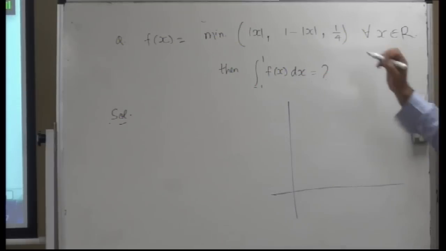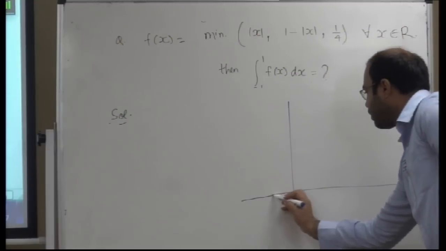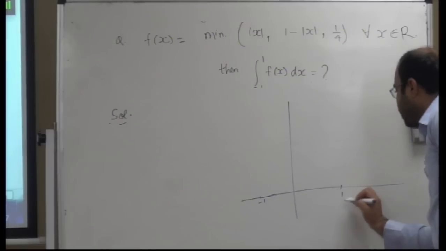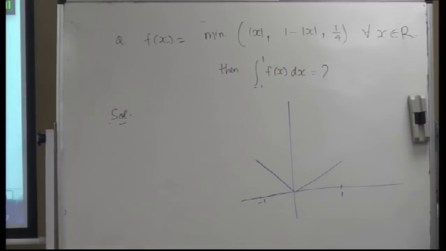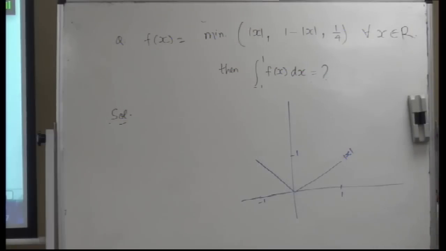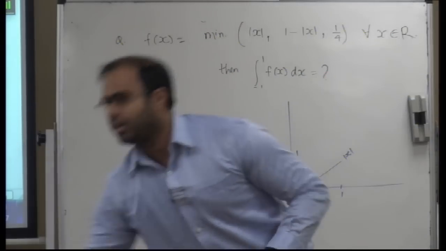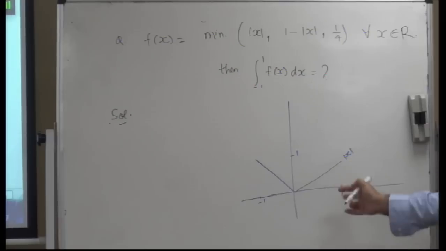One is mod x. Mod x between minus 1 to 1, this is your minus 1, this is your 1, is a function like this. This is mod x, and this value is 1. And 1 minus mod x, if you remember graphical transformation, how do we plot it? We first plot mod x, then we take its negative.